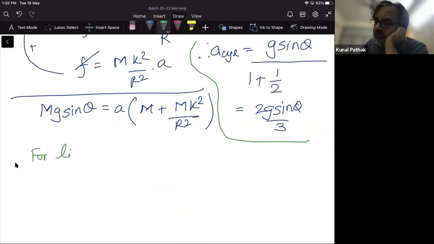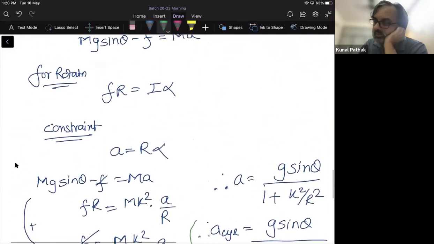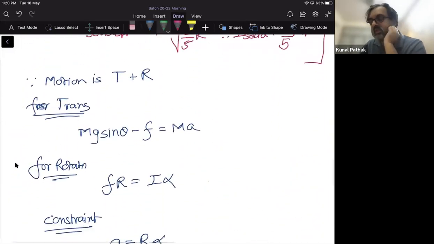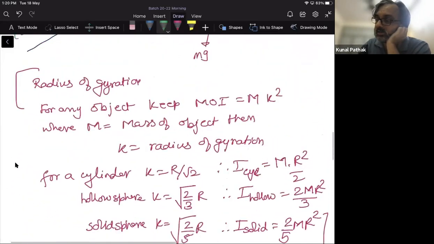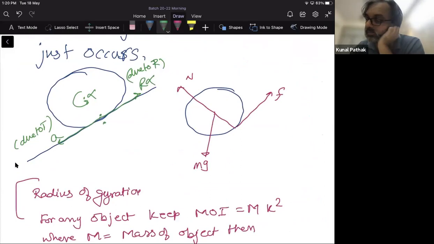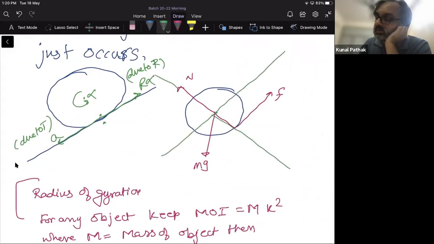Now, for the limiting value of friction, okay, what will I do? What will I get? Well, the equations will be the same. There will be no difference in the equations, except for the fact that here, what did I do? I have taken the coordinate axes like this. Here my component came mg sin theta.